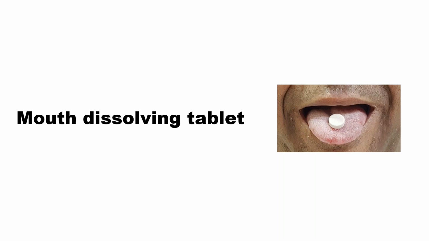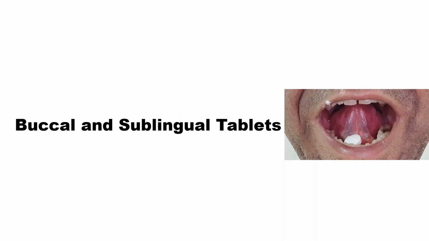Excipients are sometimes added to these kinds of tablets to enhance their palatability. Advantages of using these tablets: they are very helpful in cases of nausea and vomiting. I have already shown you the example of the ondansetron tablet that is being used in cases of nausea and vomiting. Now coming to the buccal and sublingual tablet.